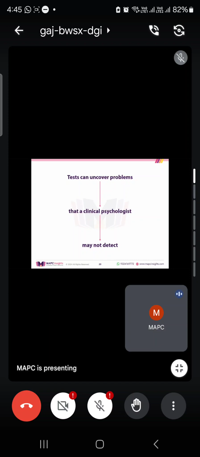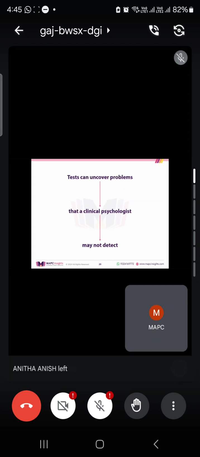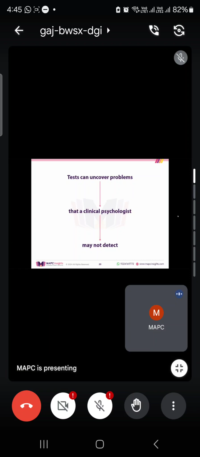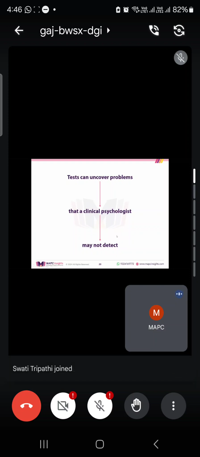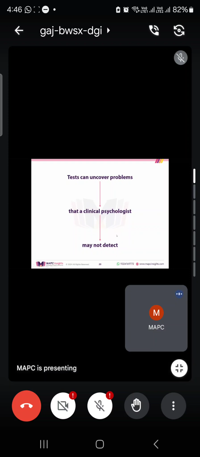Tests can also uncover problems that a psychologist may not be able to detect. The mental health issue which is not detectable by psychologists can be uncovered with the help of this psychological test.